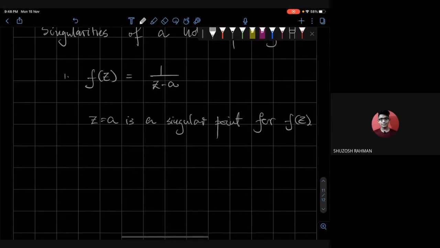What about f of z equals 1 over z minus a whole squared? This is also a singularity, right? You guys agree, right? Yes, sir.